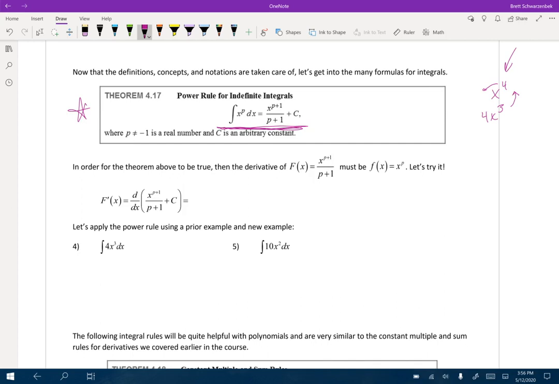The whole point is to isolate something to just x to a power. But before I do an example, I want to prove to you that this formula is true by taking the derivative of the right side and showing that the result is x to the p. Okay, so let's do that.